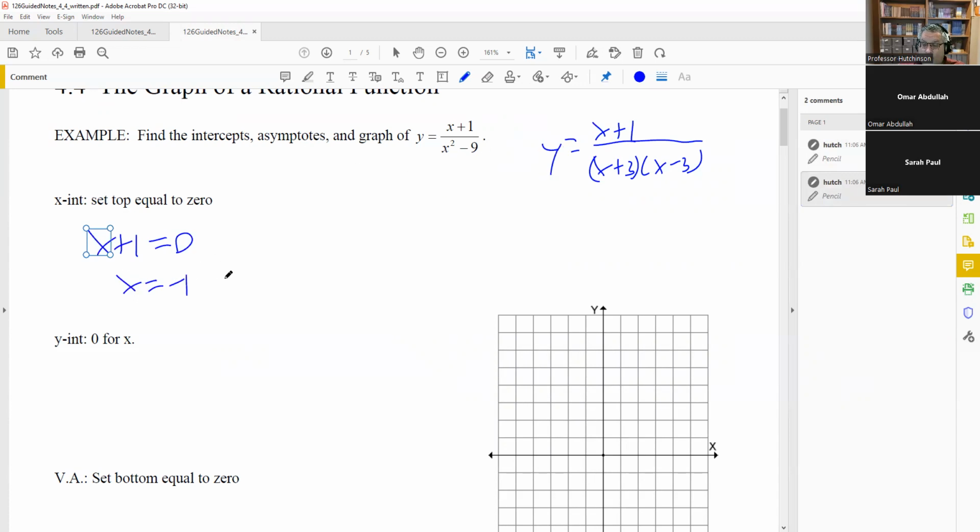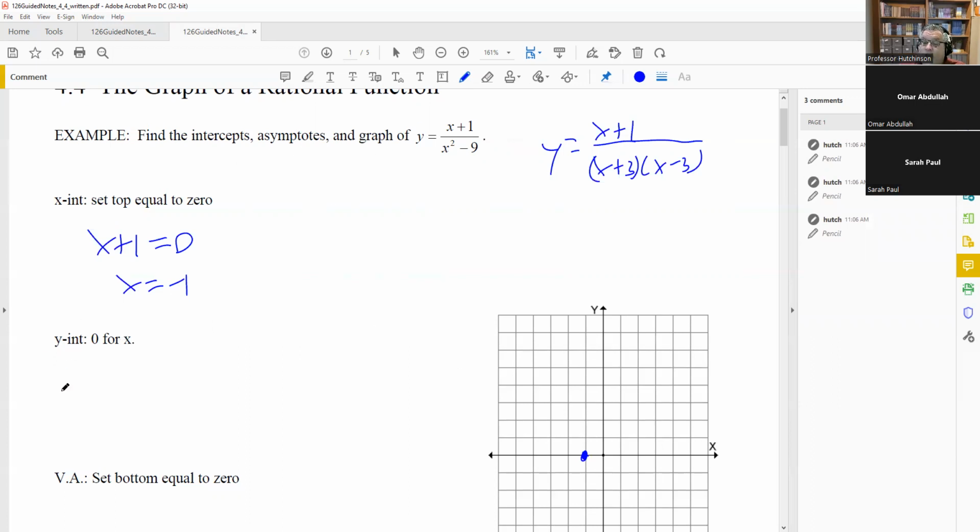And we got x is equal to -1. That's where the graph crosses the x-axis. That would be right here. So we can plot that one right there. It crosses at that point. All right, at -1. So that's where it is.